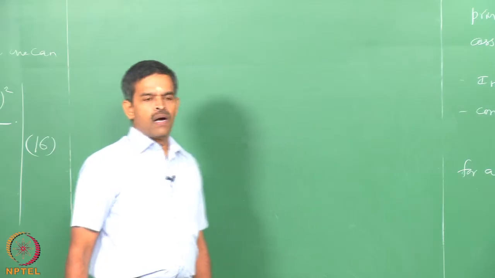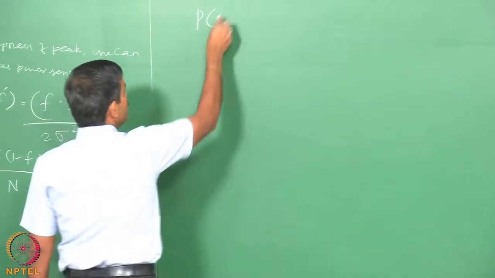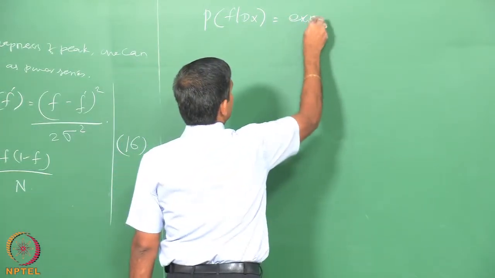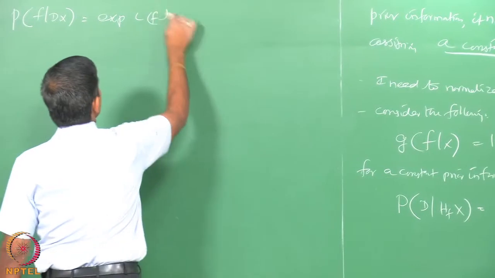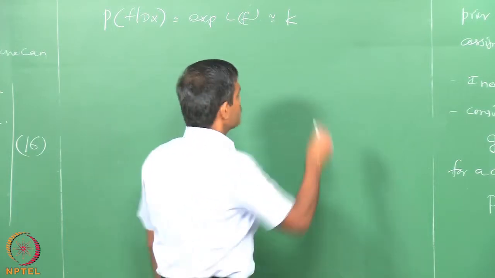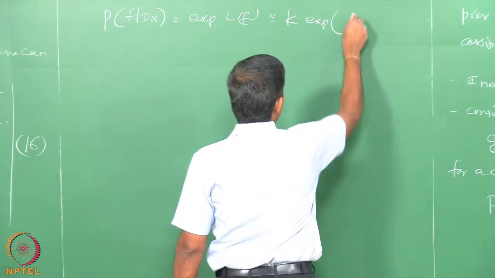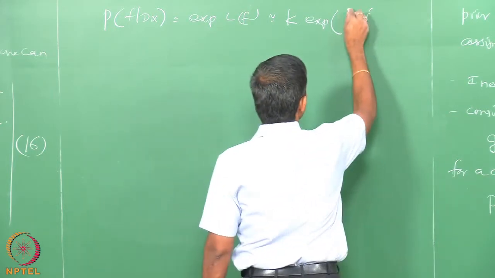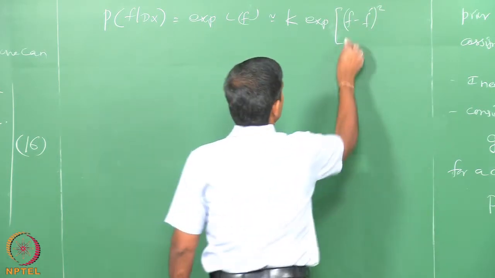Having said this, I will now modify the equation. Probability of f given D and x is exponential of L of f, which is approximately k times exponential of minus f minus f hat whole square by 2 sigma squares.